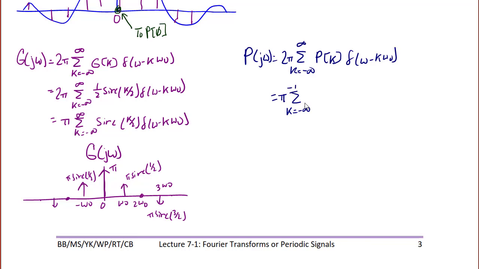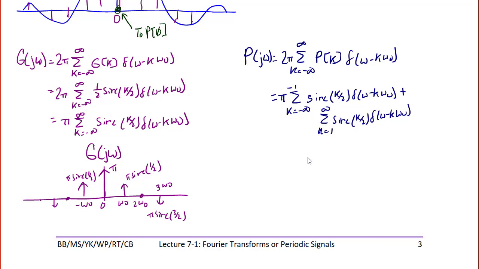We have to do this to make sure we don't catch that term at k equals 0. Sinc of k over 2, delta of omega minus k omega naught, plus the summation from k equals 1 to infinity, sinc of k over 2, delta of omega minus k omega naught.